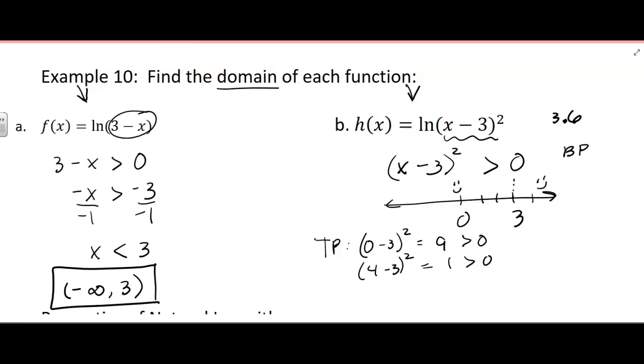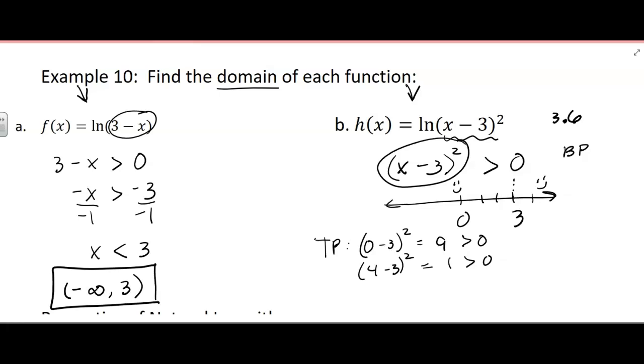So this side works. And if you think about it, when you square a number, isn't that always going to be greater than 0? Well, it's always going to be greater than 0 except one case when it actually equals 0, and that would be at 3. Okay, so I can have all real numbers except 3.